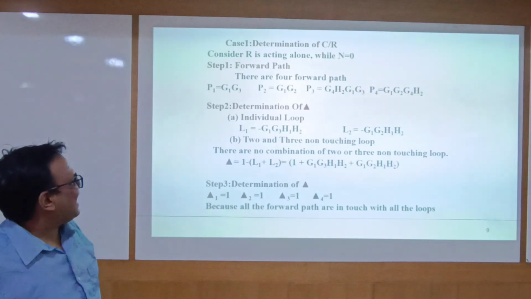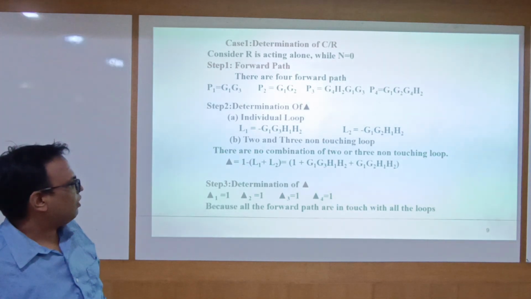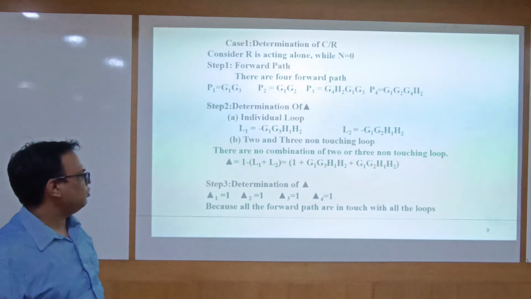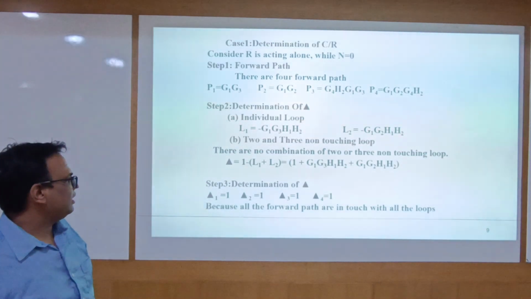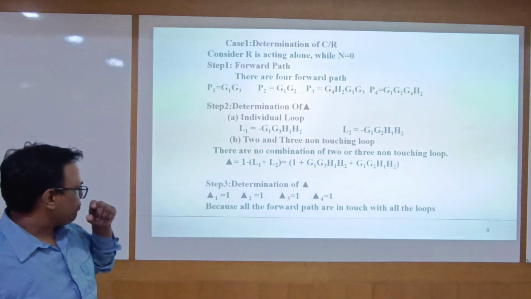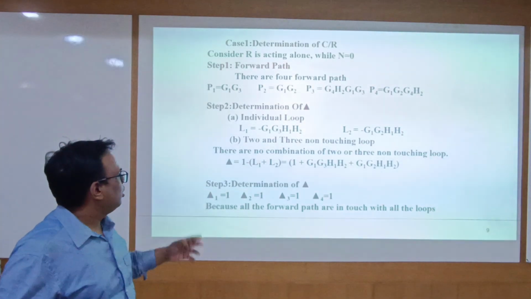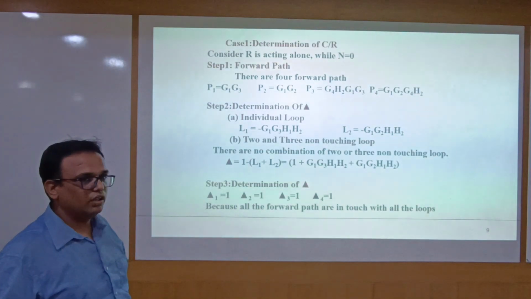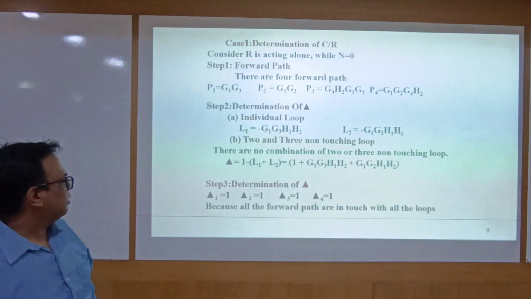So our delta value is 1 minus (L1 plus L2). When we solve these values, putting in the values of L1 and L2, we find this value. And now we find delta k. When all forward paths are touching the loops, then our value of delta k is equal to 1 for all values of delta k.